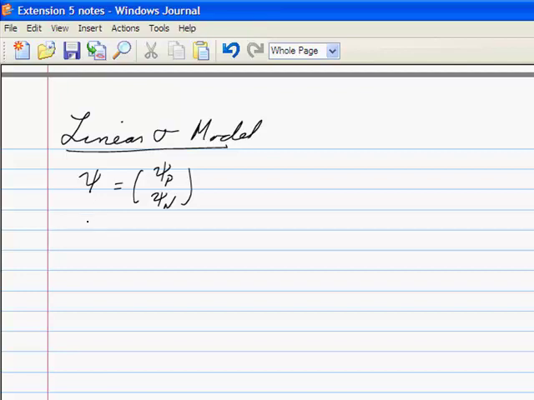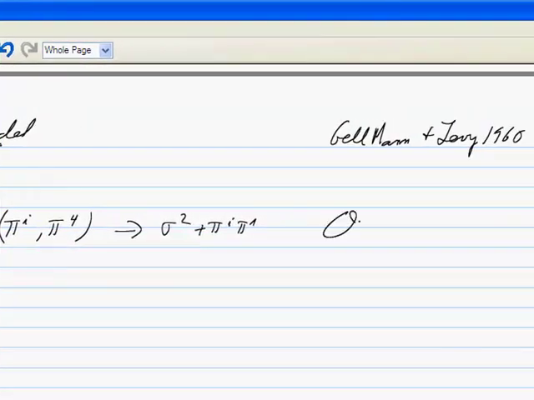There'll be 4 mesons in it, sigma and pi_i, which is like pi_1 to pi_3 and pi_4. You'll always write this with invariances of sigma squared plus pi_i dot pi_i, which is an O(4) invariant.